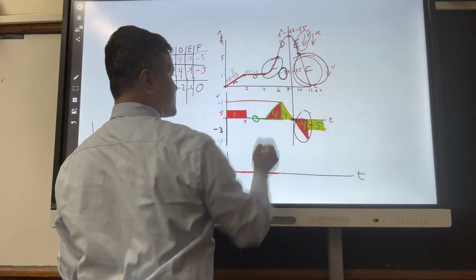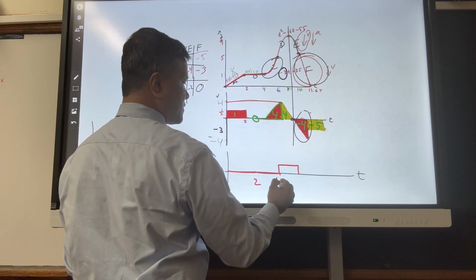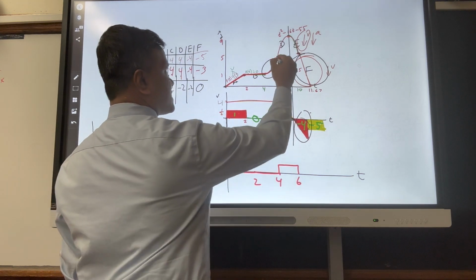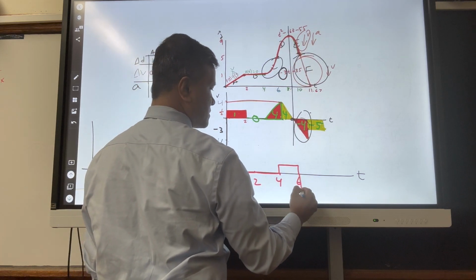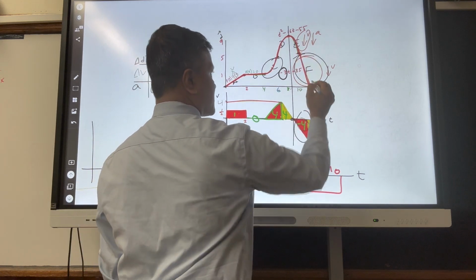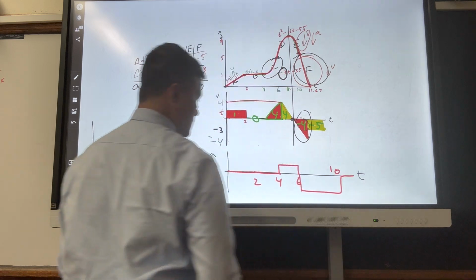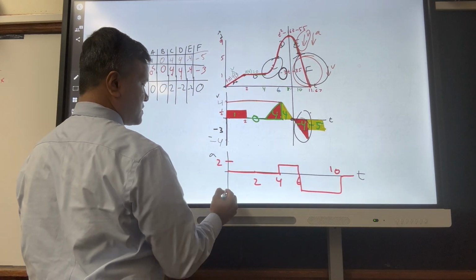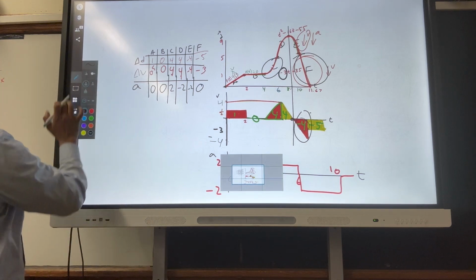Next 2 seconds, acceleration is 2. So this is 2, this is 4, this is 6. Next 4 seconds, acceleration is -2. So this is 10. And next 1.67 seconds, acceleration is 0. Okay, so this is 2, this is -2.